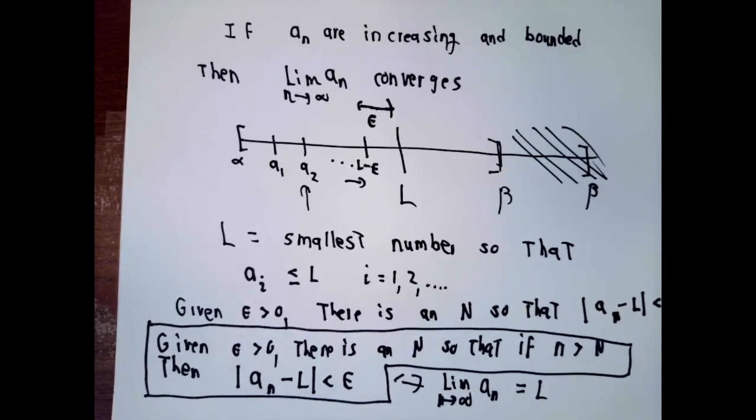You can make similar arguments if it's increasing, then holds constant value for a while, and then increases again. But as long as you have a monotonic bounded sequence, you're guaranteed that it converges.